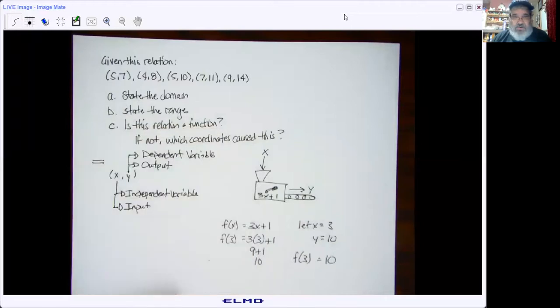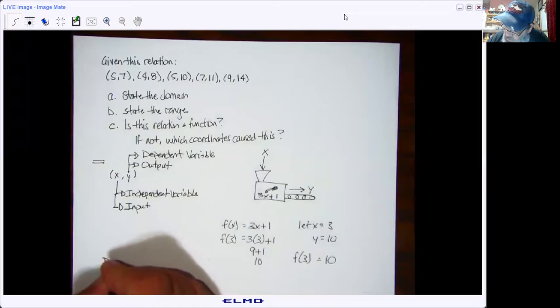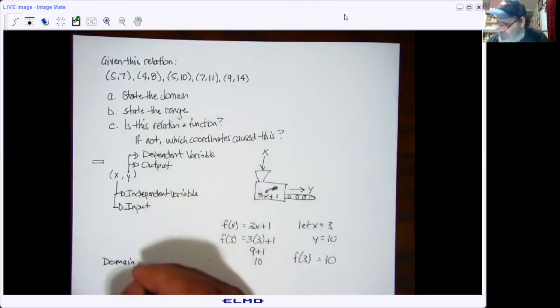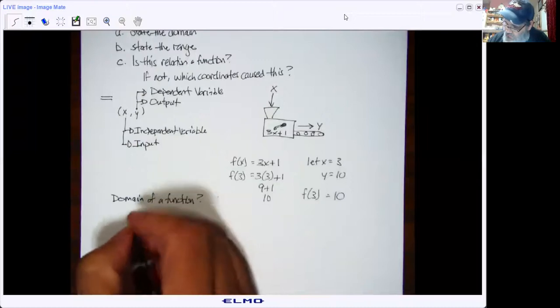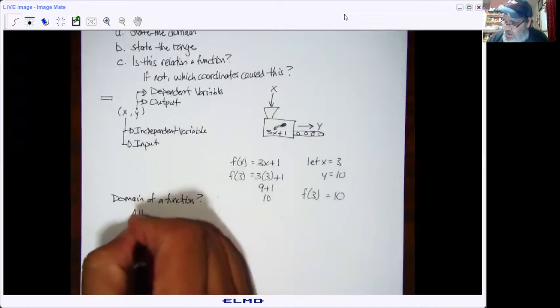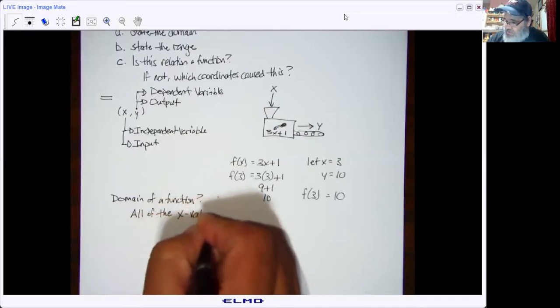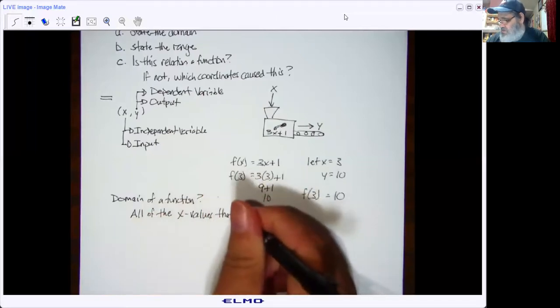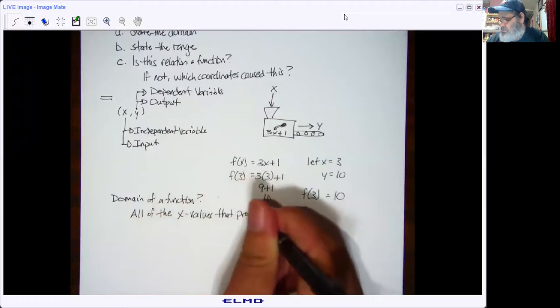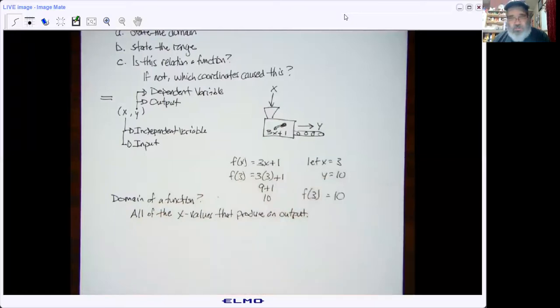All right, so let's talk about part A of the question here. State the domain. Well, what is the domain of a function? Okay, the domain of a function is simply all of the x values that produce an output.